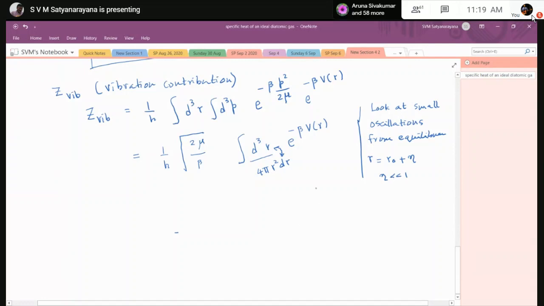Then, because of this consideration, we can say that V of r naught plus eta can be written as V of r naught plus dV by dr evaluated at r equal to r naught into eta, plus d square V by dr square evaluated at r equal to r naught with eta square by 2, and so on.